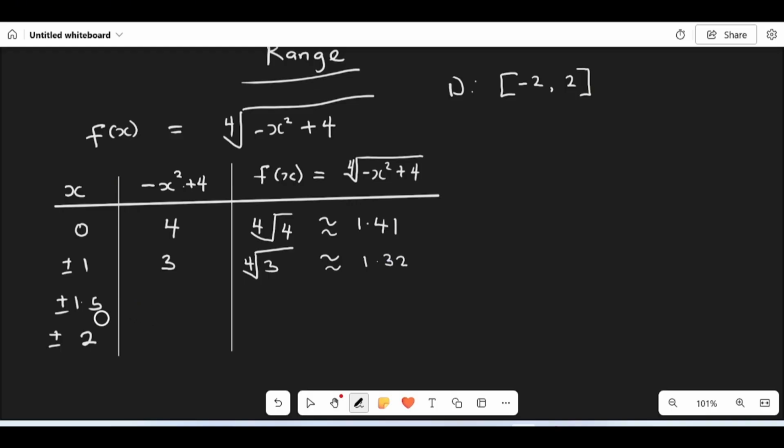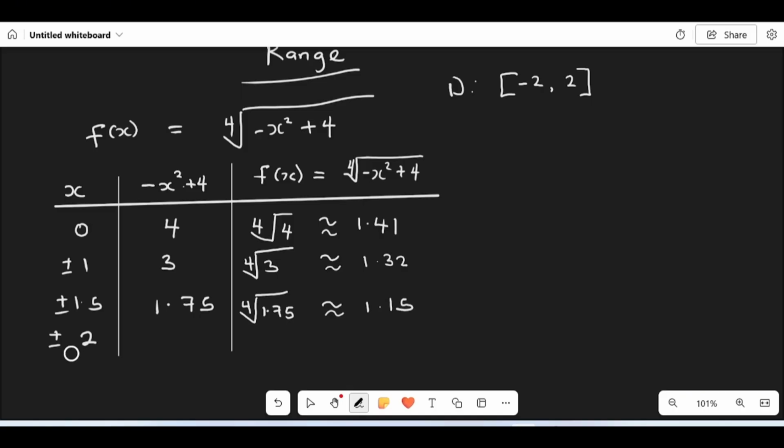And also if we insert plus or minus 1.5 into this expression, we are going to have 1.75, and the fourth root of 1.75 is approximately 1.15.